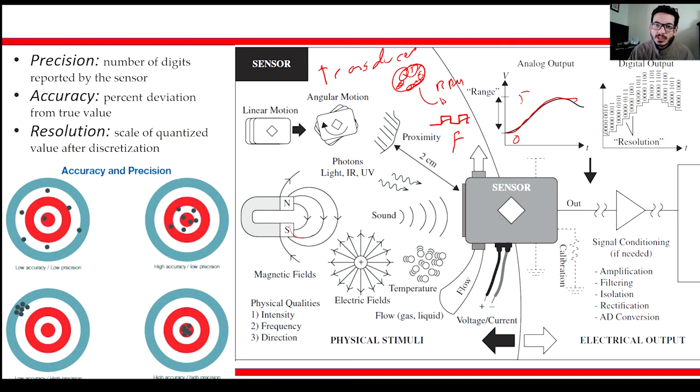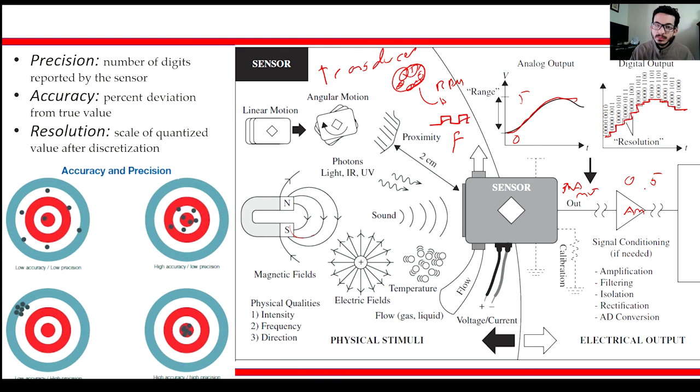Then you have to digitize into zeros and ones, and this is where it becomes a very high precision or high resolution sensor, so you don't miss important events. And then you amplify it with an amplifier, because these are going to be very small signals like milliamps and millivolts, so you amplify it so you get the 0 to 5 volts from your signal.